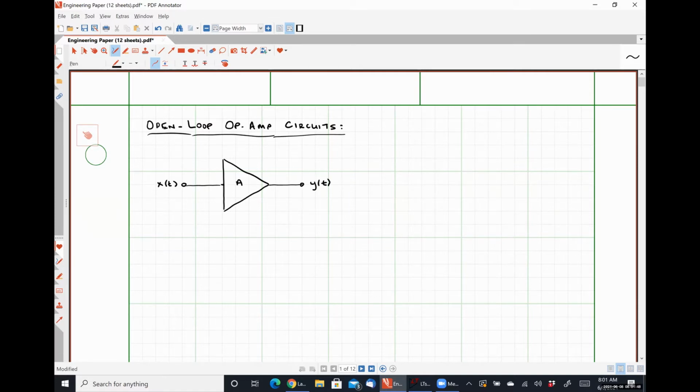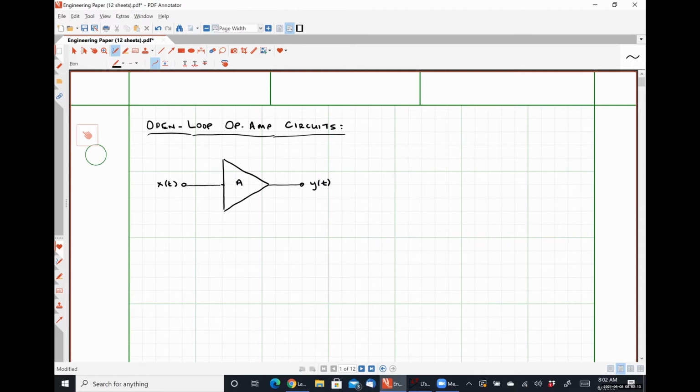This is what we would consider to be an open loop amplifier because there is no feedback loop adding or subtracting something from our input signal. We're going to be dealing with positive feedback amplifiers on Thursday and start talking about negative feedback amplifiers next Monday.